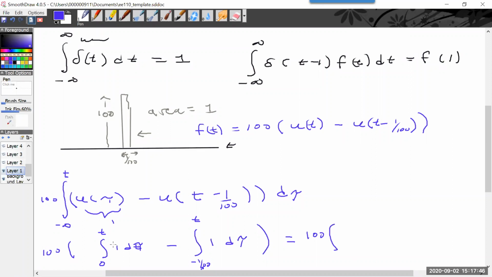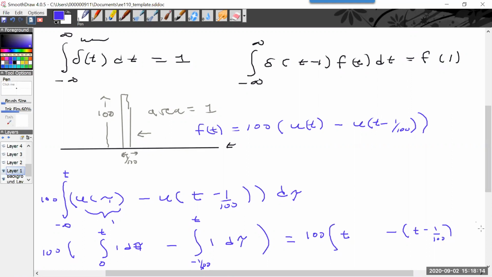I evaluate it at 0 and t. I get t. I'm going to leave a space. And then here, right, I'm at tau, and I have my limit of t, and then the other limit of minus 100. So I get t minus that delay, right?